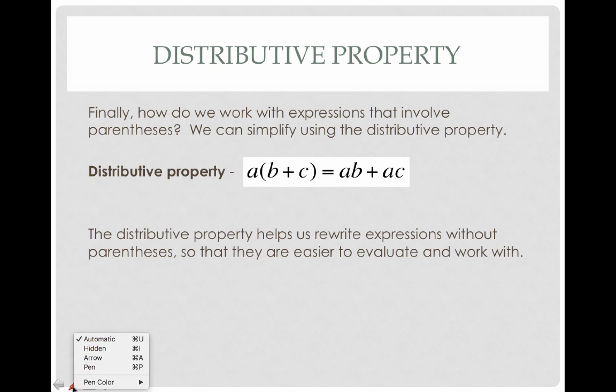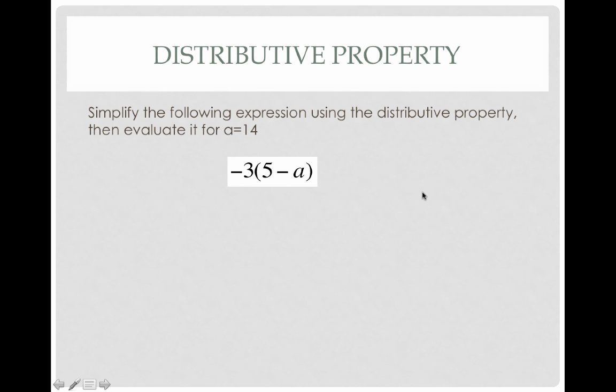This just says we can take something in front of the parentheses, like this value a, and it's multiplying what's in the parentheses, but I can rewrite it to multiply each thing individually in the parentheses. So a times b and a times c. It helps us rewrite expressions either distributing or reverse distributing so that they're easier to work with.